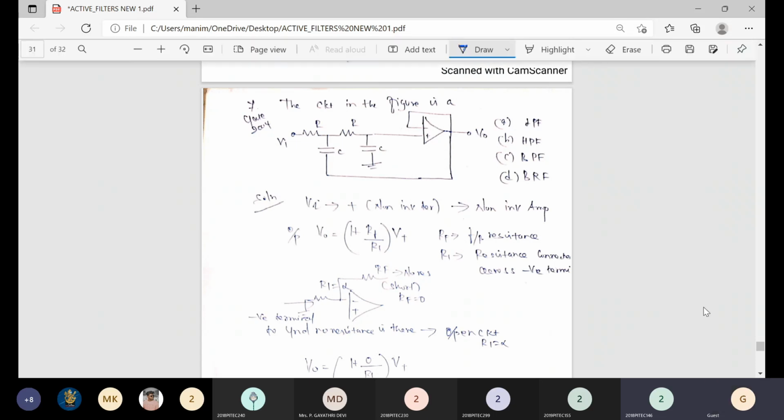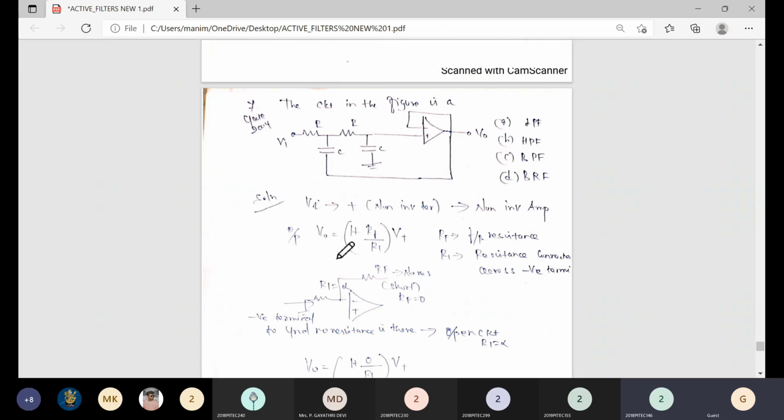Non-inverting amplifier means we have a feedback resistance and an input resistance. Correlating the two circuits, in the given circuit there is no feedback resistance, so consider it a short circuit: RF is 0.